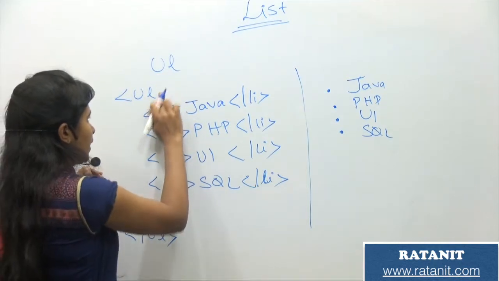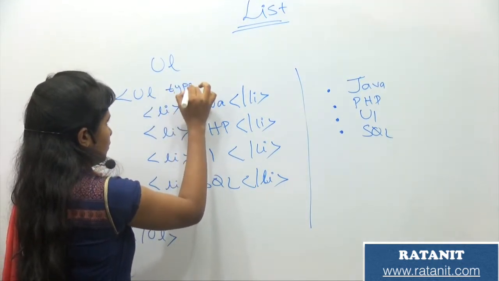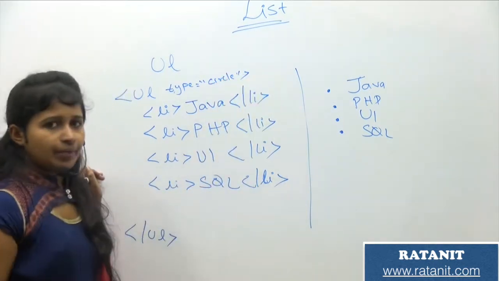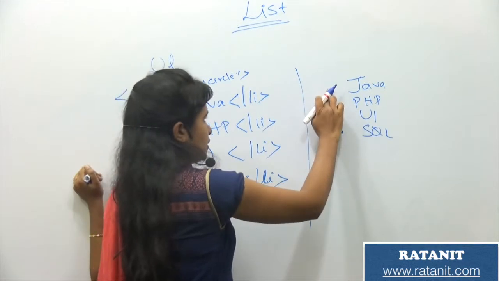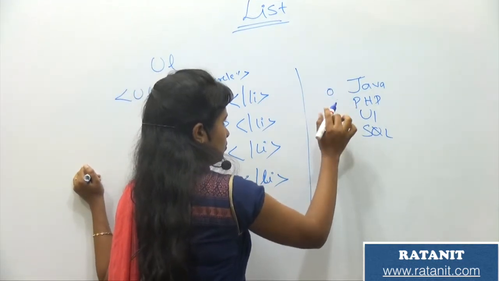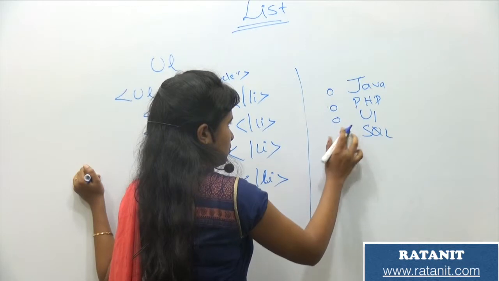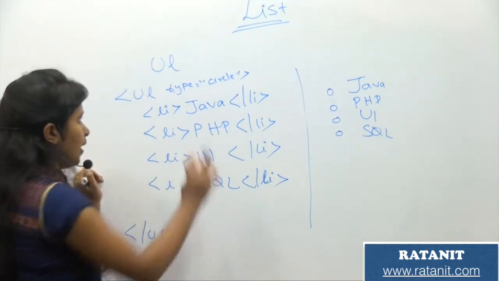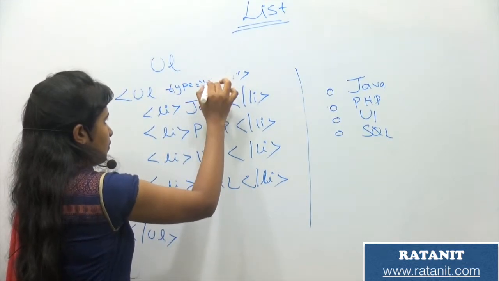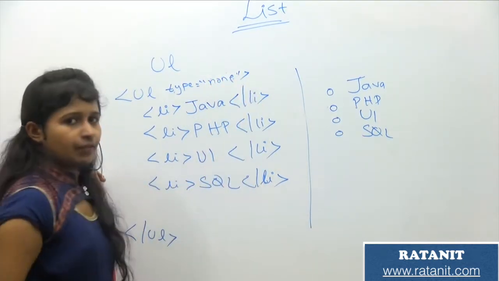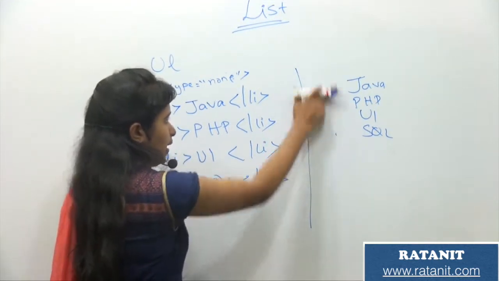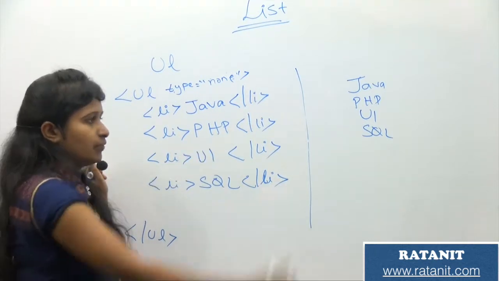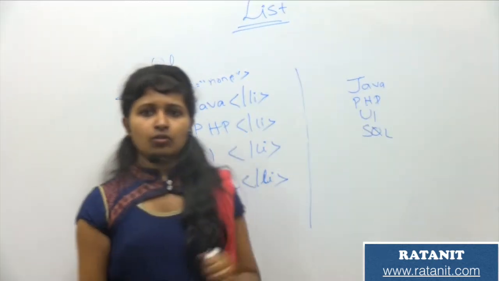If I am giving my type circle, it will change to circle. If I am giving none, it won't show anything. Only the list will be displayed. This is what unordered list is.